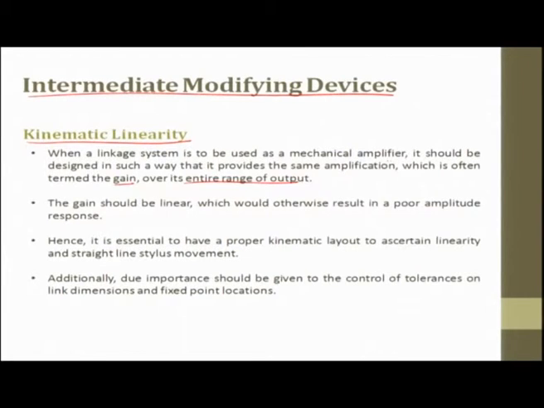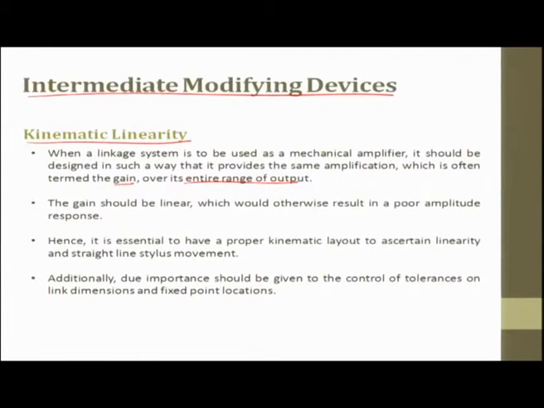See, before electrical amplification could come, people were using only mechanical amplifiers. If you go back and see the dial gauge, there are a lot of gears. These gears are basically used for amplification. So, the mechanical amplification should be designed in such a way that it provides the same amplification, often termed as gain, over the entire range of output.